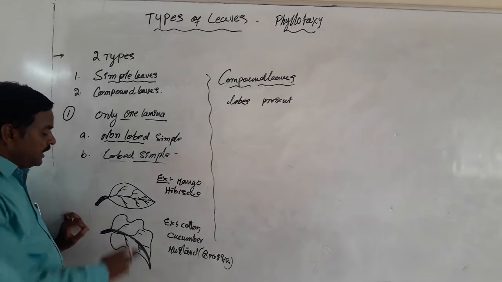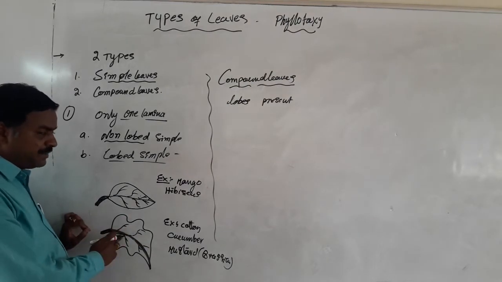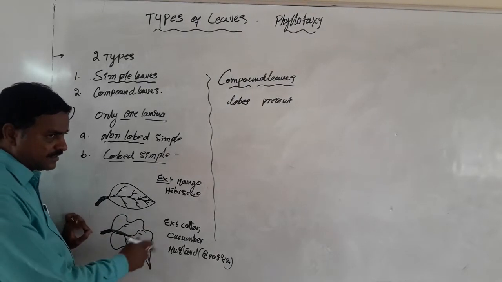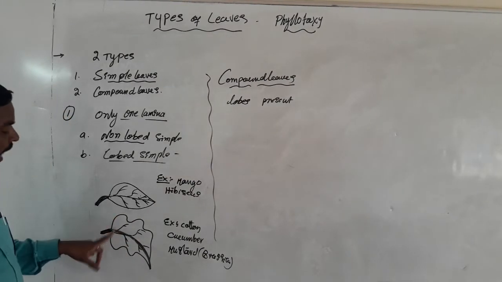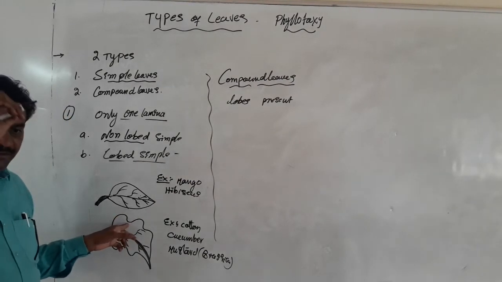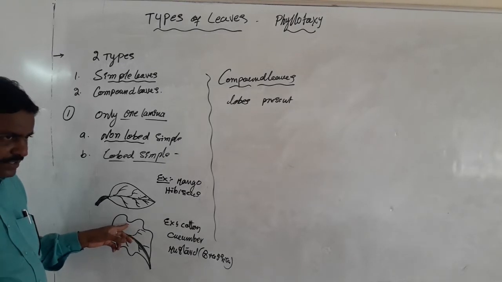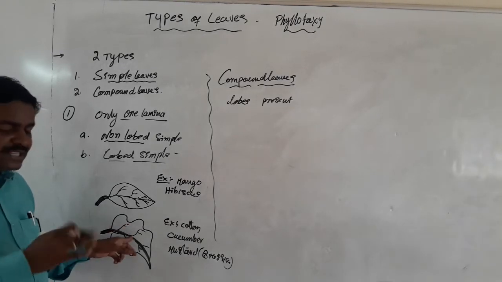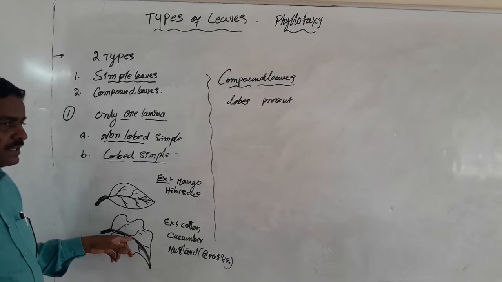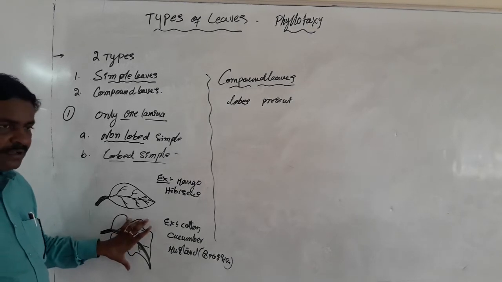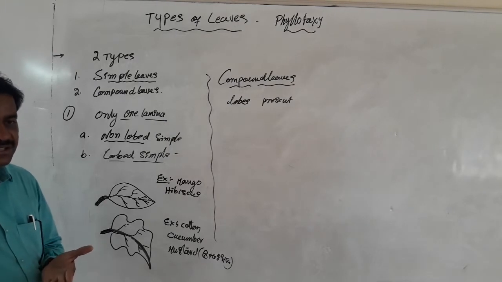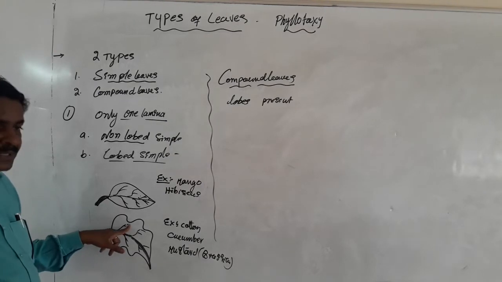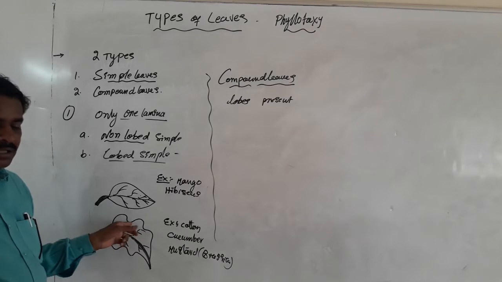But the incisions touch the midrib. Incisions are there like this, and these incisions are very deep and touch the midrib, resulting in the entire lamina being dissected, divided into small pieces, and each and every piece of the leaf lamina is called a leaflet.